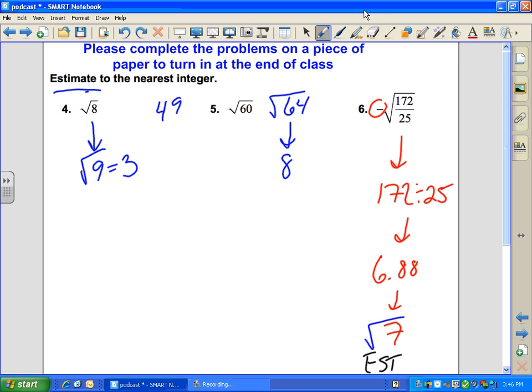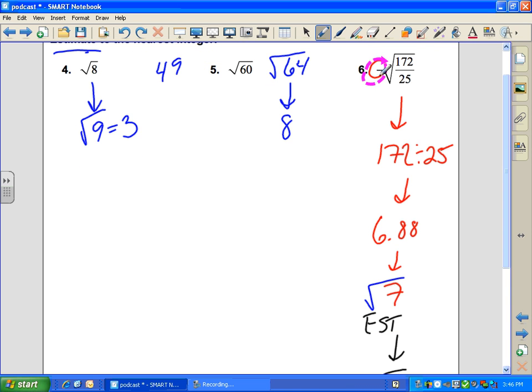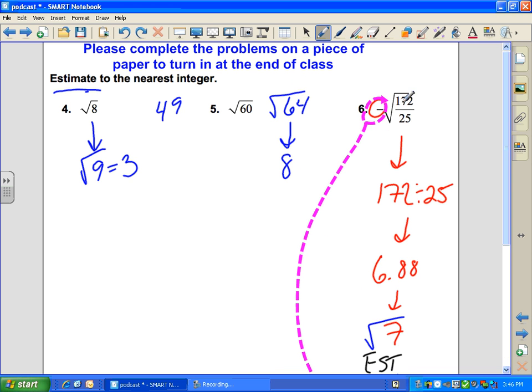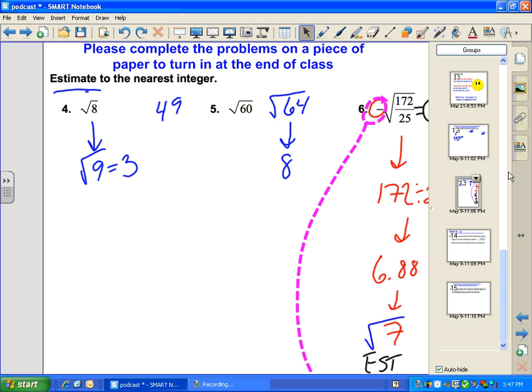Now I'm going to come back up here. The square root of negative 172 over 25 is about negative 3. Not an exact answer, just an estimate.